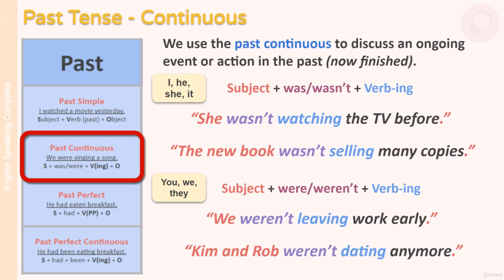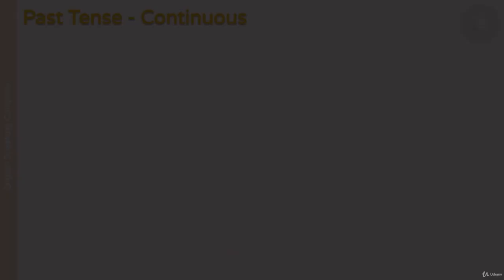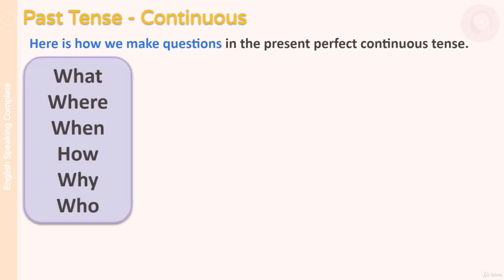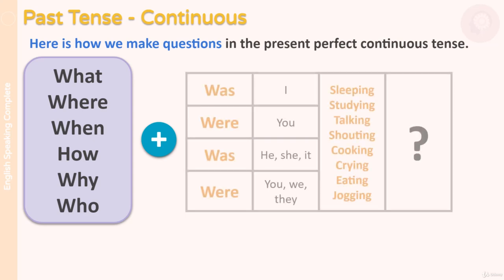Okay, let's take a look at forming questions in the past continuous. So, as always, 6 W's to begin if you like, and then we need to add our was or were depending on the subject pronouns as listed here. And then simply we add verb ing.